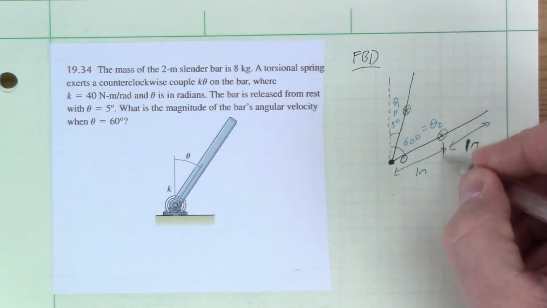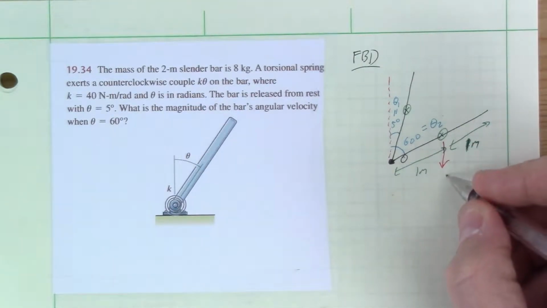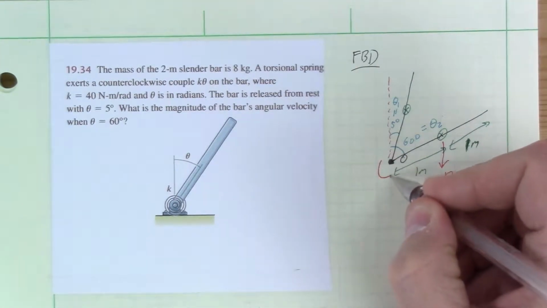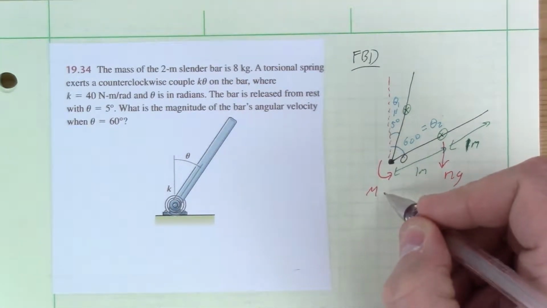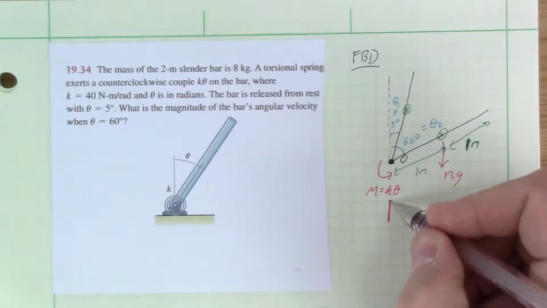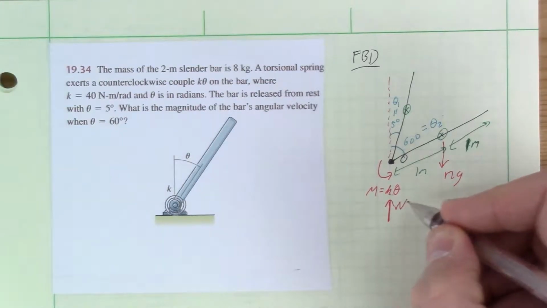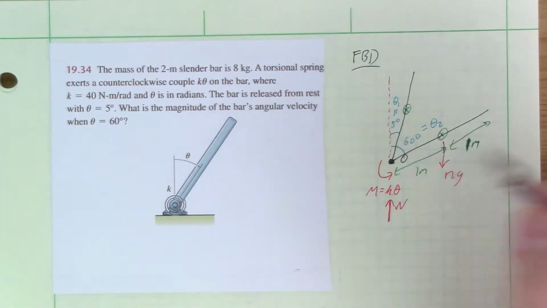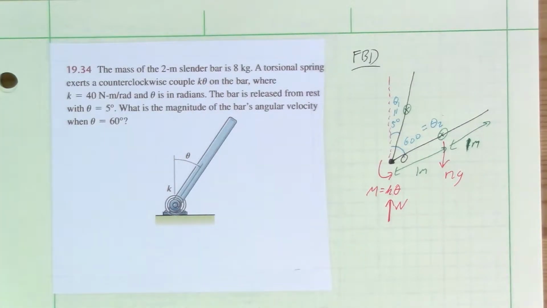So the forces here, it's always got a weight acting through the center of mass. This now has an applied moment, that is k theta, and then it also has a normal force, N. And because it's pinned, it could be in either direction.